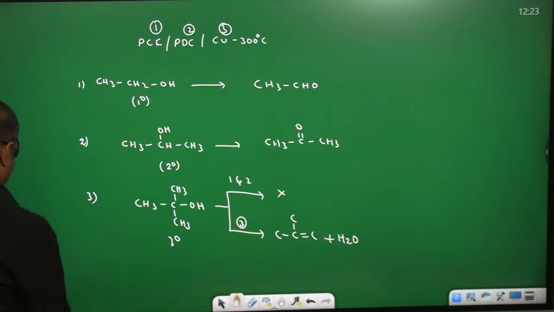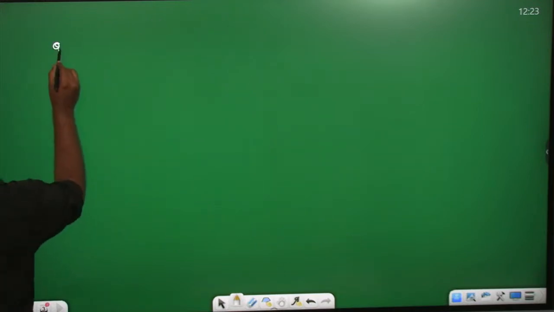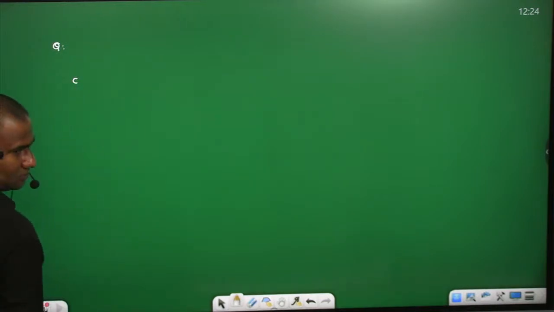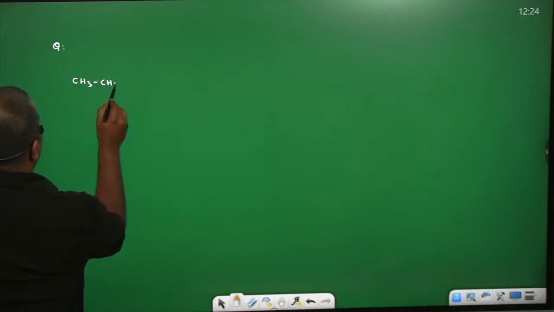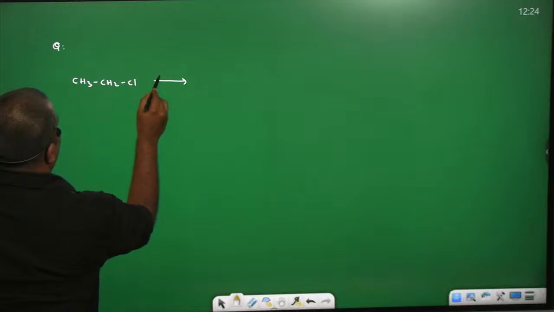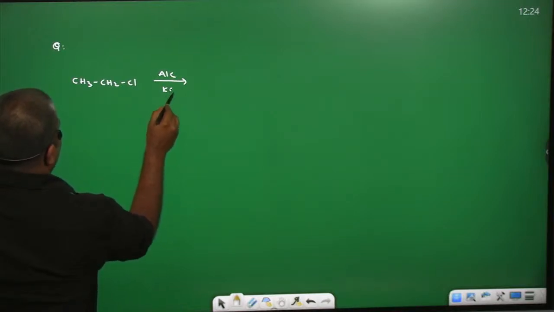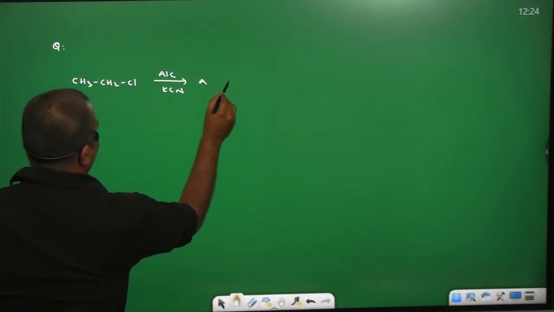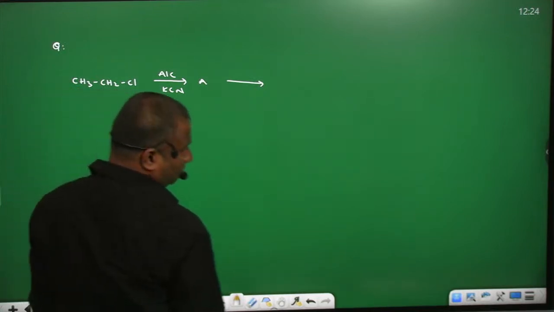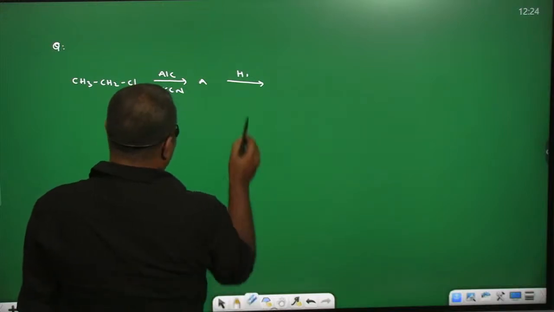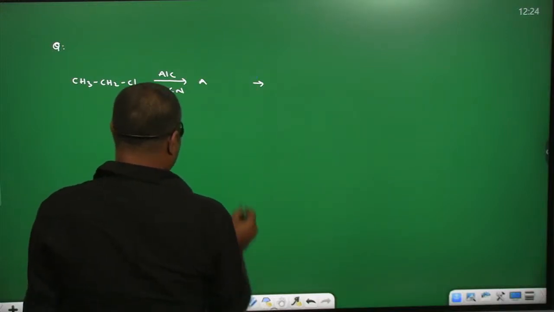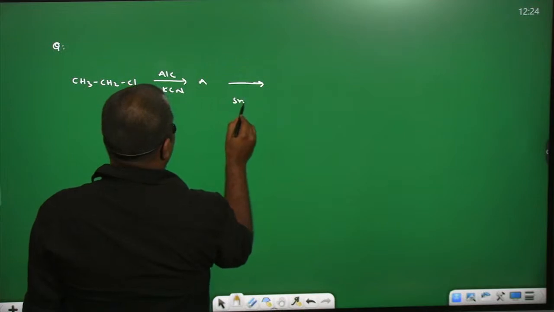Consider the conversion. CH3CH2Cl with alcoholic KCN gives A, which is going to be treated with tin and concentrated HCl.